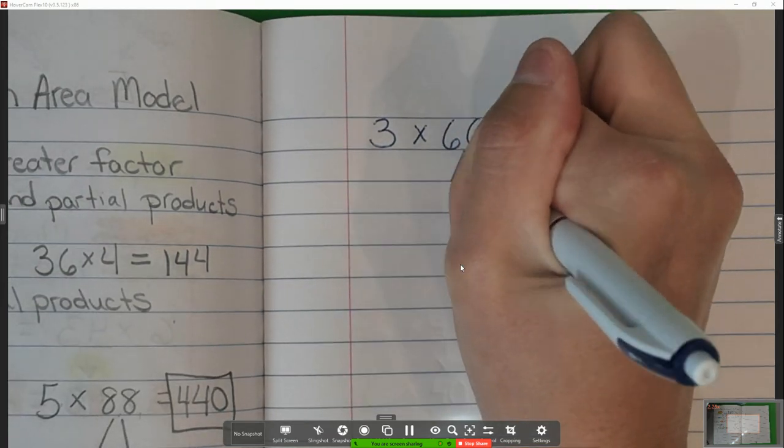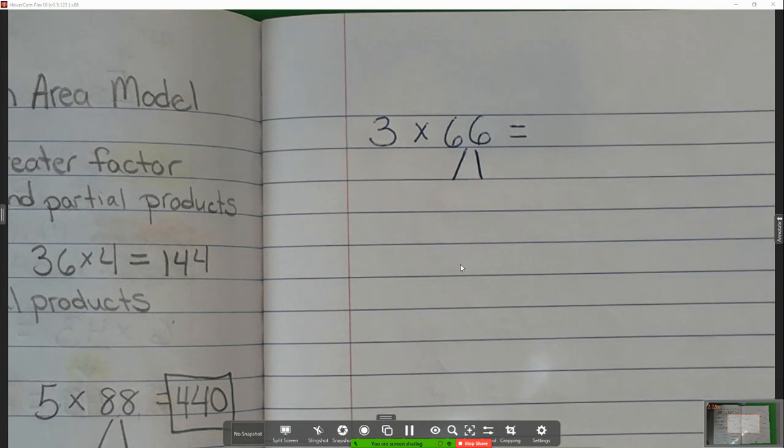Now remember, that goes back to what we were doing at the beginning of the year. We expand it. How do I write 66 in expanded form? You need to be raising your hand for me, please, so I can call on you, friends. Devin, go ahead.